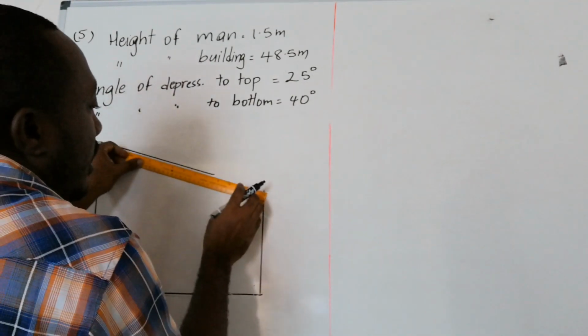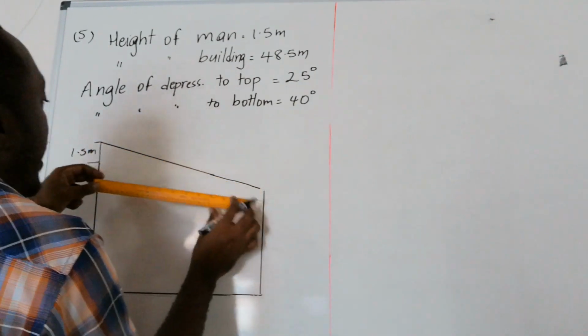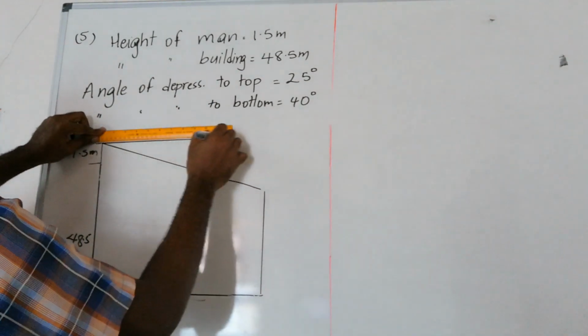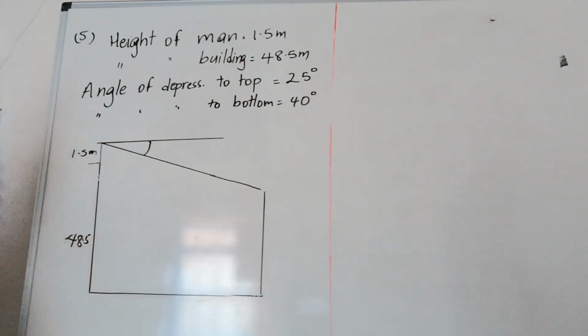So he looks down here. This is his angle of depression. Let's draw our horizontal line here. And this angle of depression is 25 degrees.